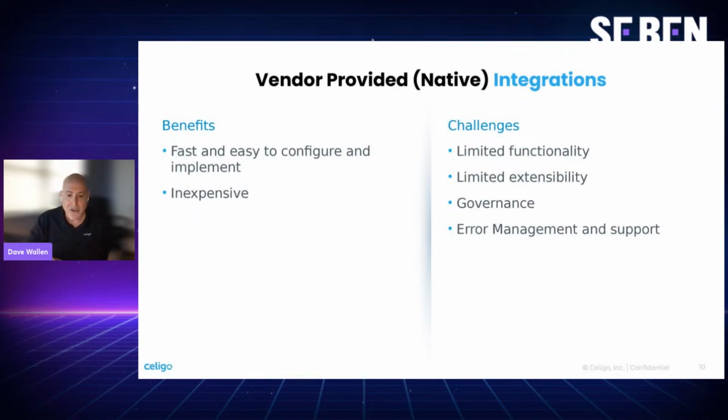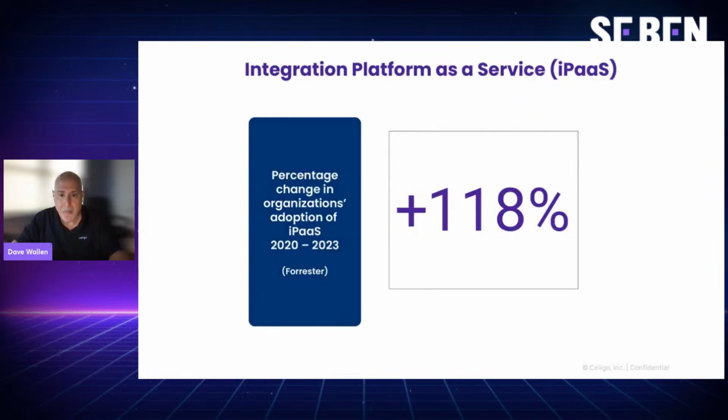So there's going to be downtime. There's going to be business interruption with vendor provided integration. So it's great in theory and it's fine if you're just connecting two apps. But once that business process goes across multiple applications, and now IT has to manage a number of these things, it becomes very difficult to scale.